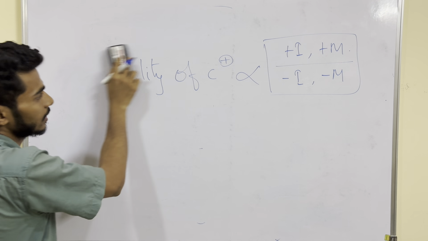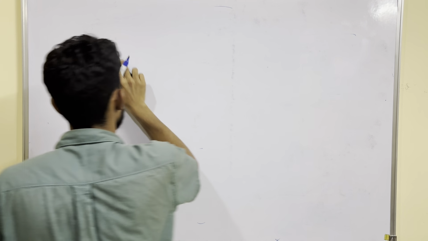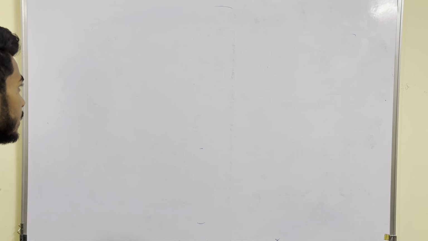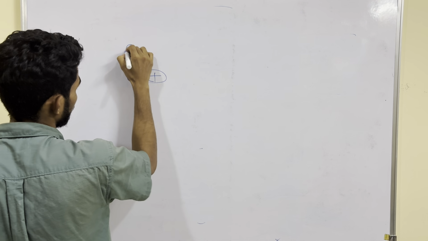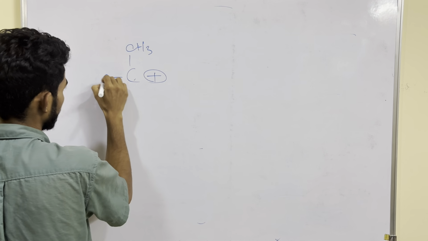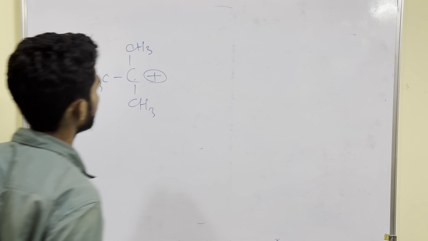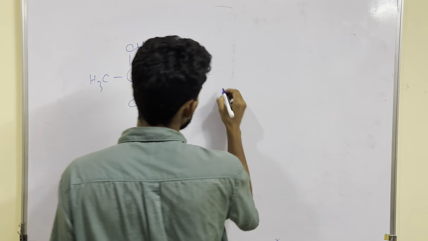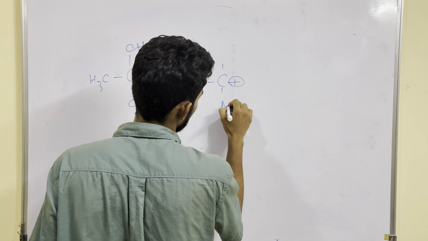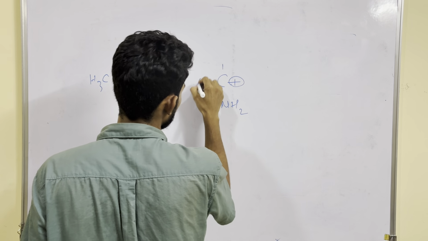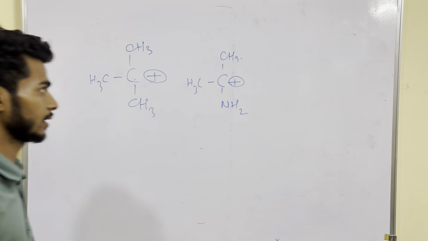So you can say that which one is more stable? In that case, the first carbocation is C+ with CH3, CH3, CH3. The second one is a carbocation with NH2, CH3, CH3.